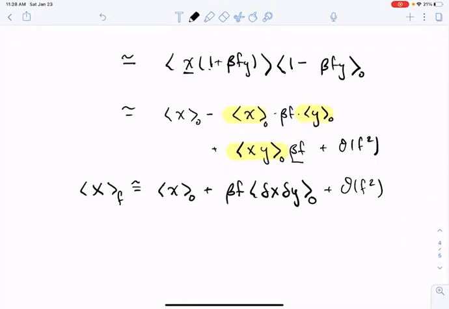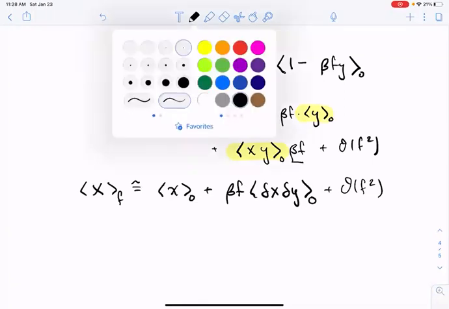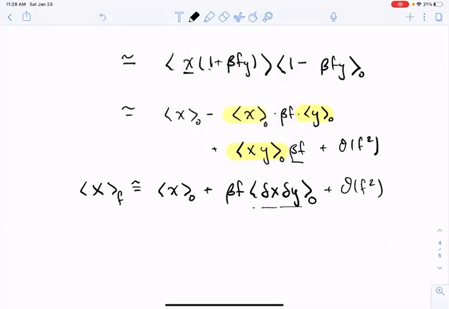If x and y were uncorrelated, this factor here would factorize. I would average a fluctuation in x times a fluctuation in y. By definition, that is 0. So to the extent that they are correlated, I will generate, through application of a force, a change in x.